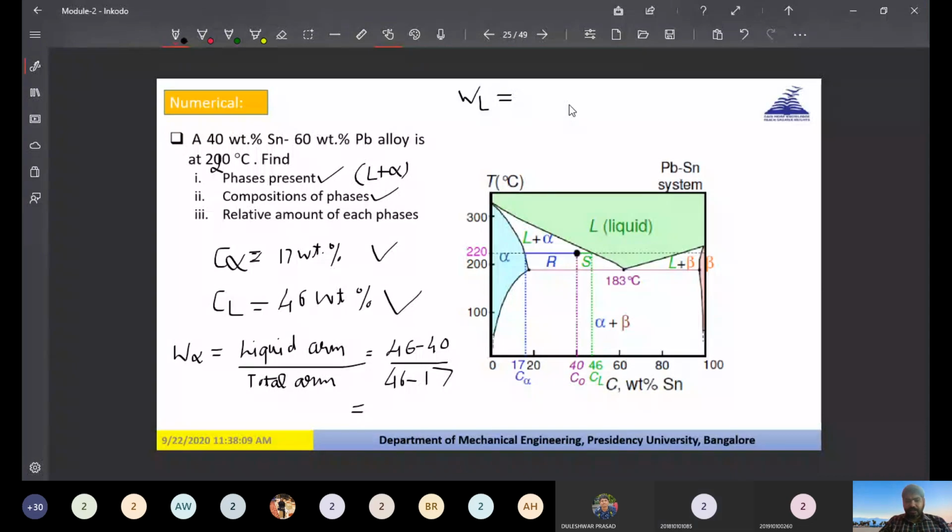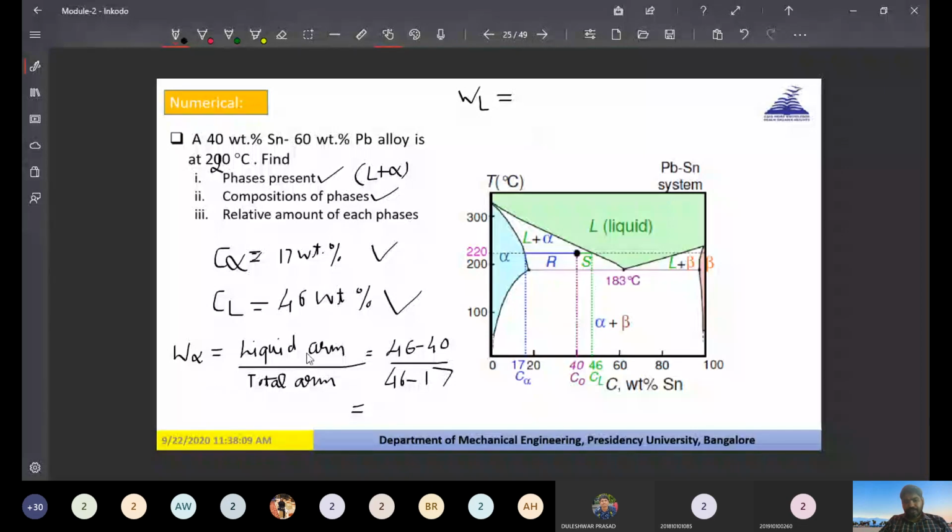Okay, Rohit, tell me how you can calculate the weight fraction of liquid at this point. At this point we have liquid and alpha. I have told you how to calculate the weight fraction of alpha. Tell me, what is the weight fraction of liquid? So let me help you.